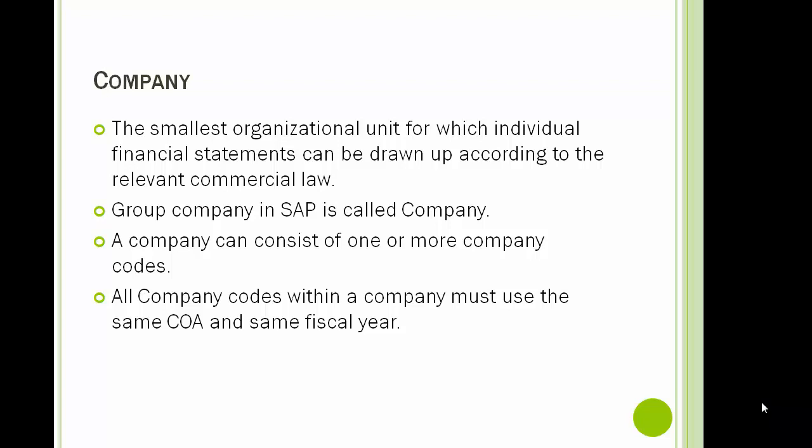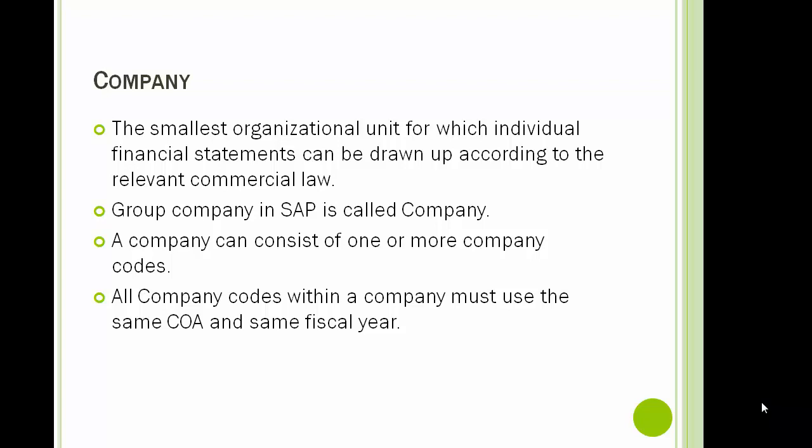Basically, a group has a number of legal entities within it. For example, if we talk about Pepsi, it has more than 100 legal entities all around the world. All these entities, if taken under an umbrella, are termed as group companies, and in a single term we define that as a company in SAP, or we can say group companies.